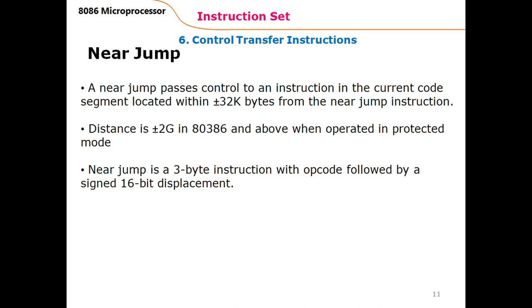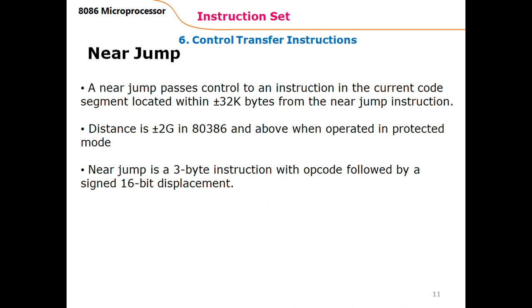Near jump: a near jump passes control to an instruction anywhere in the current code segment, and the displacement provides a value in the range from plus 32 kilobytes to minus 32 kilobytes, and this range is from the existing location of the instruction pointer, just like we saw in the case of short jump.